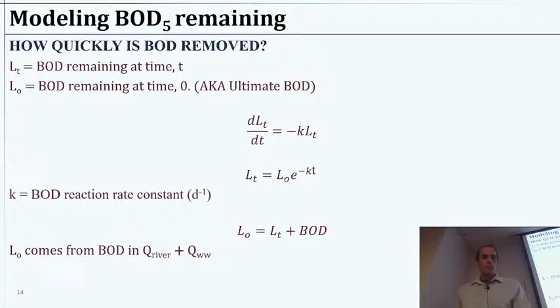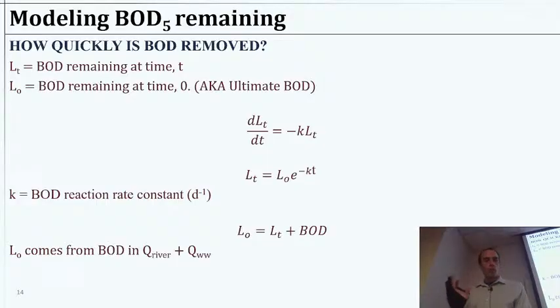Okay, so I think we'll just do this last slide. I think we're going at a good pace, and we'll cover the remainder next time. So when we start taking a look at how quickly the BOD is removed, we're going to describe it with a term L. And this is going to give us the BOD remaining.